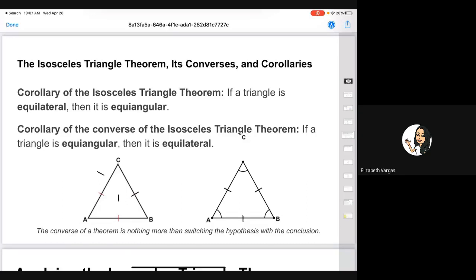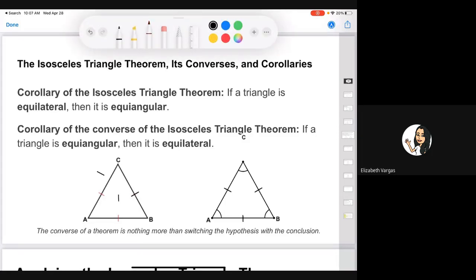Okay, and just a heads up, if all my angles are going to be equal, and I know that all of my interior angles of a triangle are equal to 180 degrees, then all I have to do in order to find out what my equal angle measures are is I take 180 divided by 3. Why?